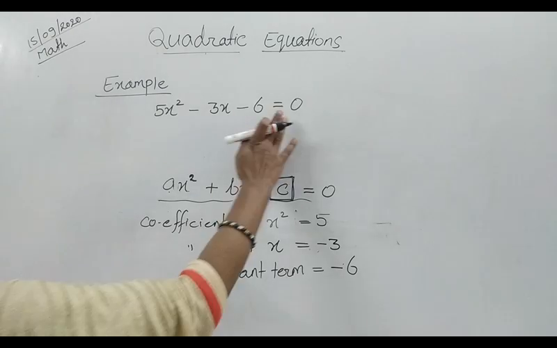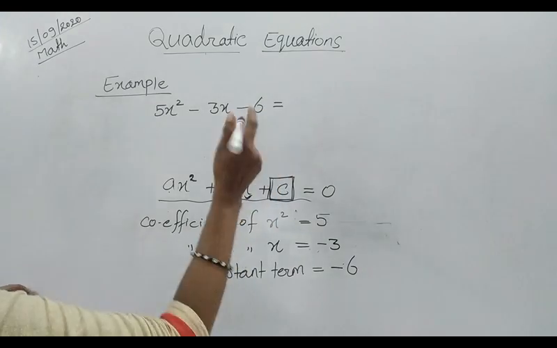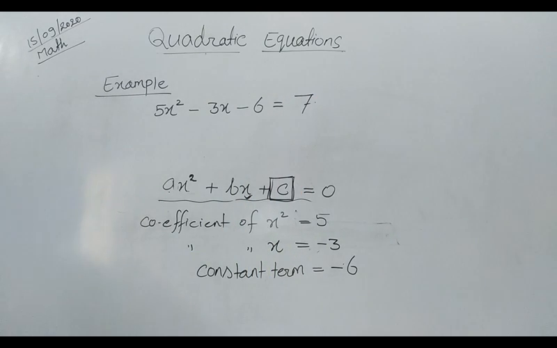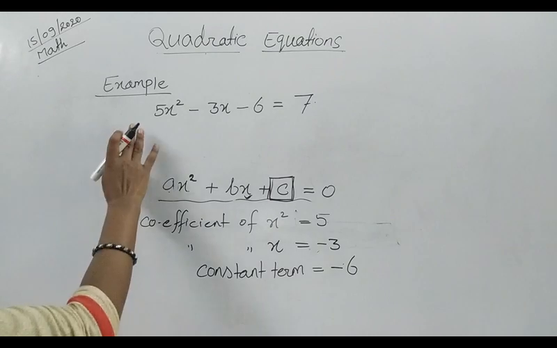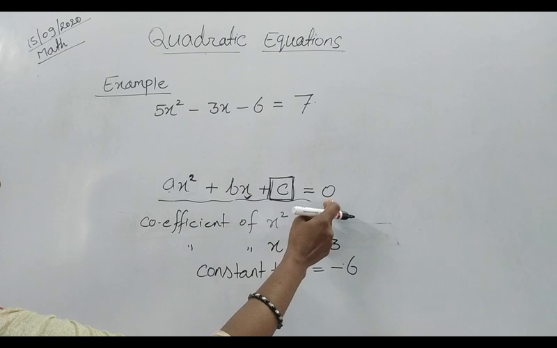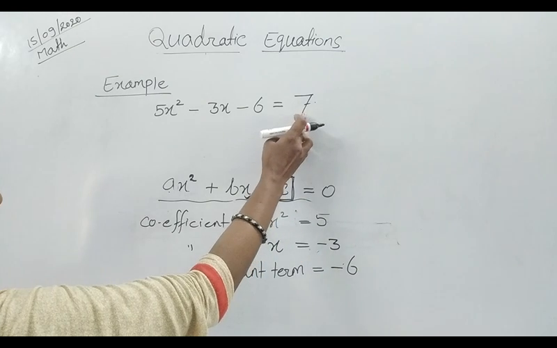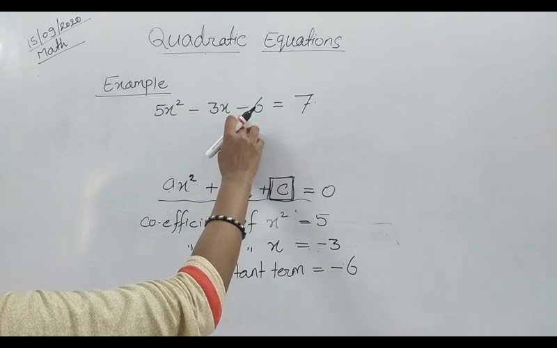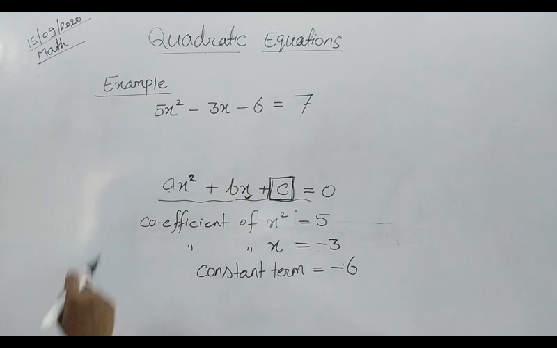Suppose that in the third case we want to write 7 on the right side. Then we can say that this is not the general form of the quadratic equation. In the general form, you have to write 0 after equal to. That means at first you have to move this 7 before equal to, and then make it the general form.